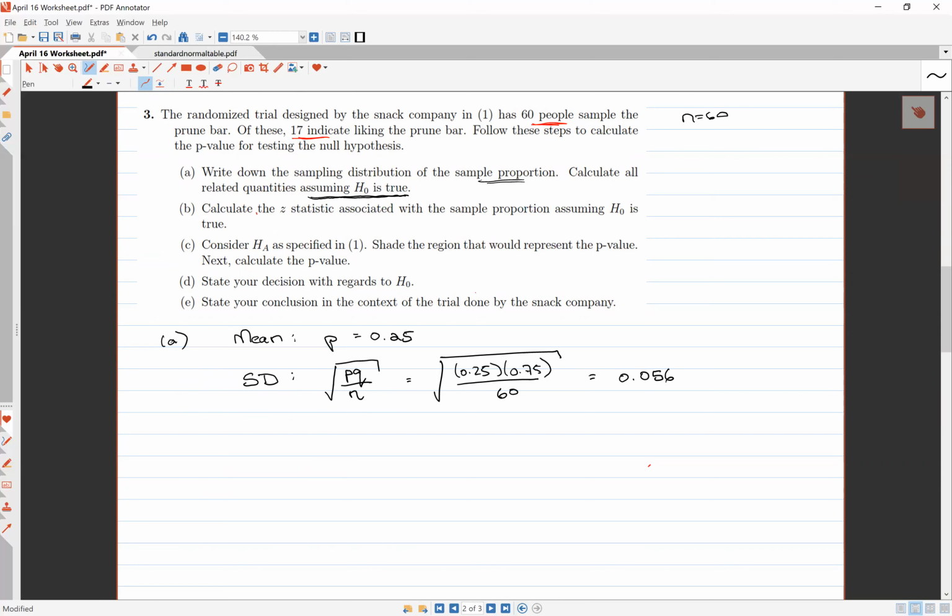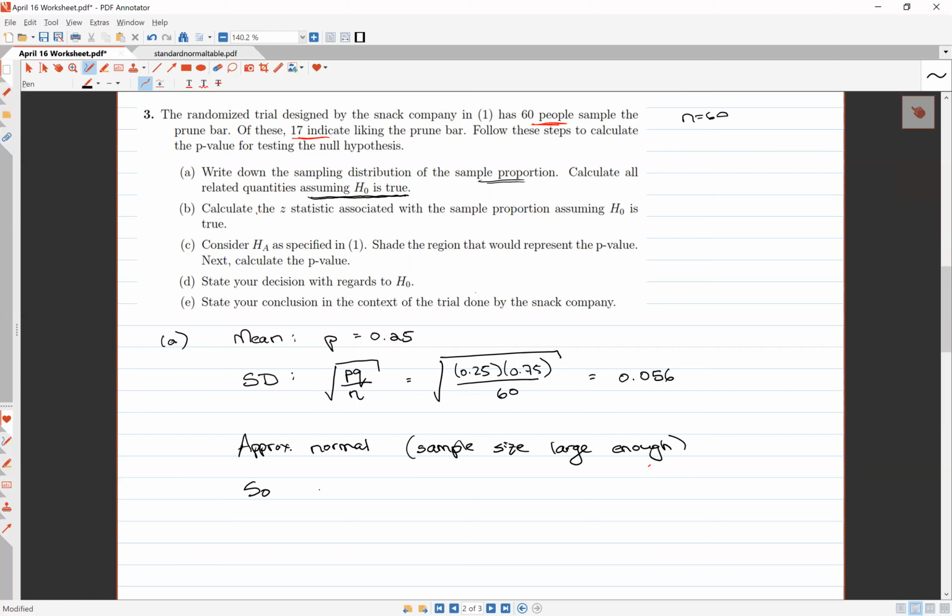Now, there's one last thing. Remember, if the sample size is large enough, then the sampling distribution will be approximately normal. And that holds in this case. You can go and check the specific conditions. But in this case, the sample size is large enough.